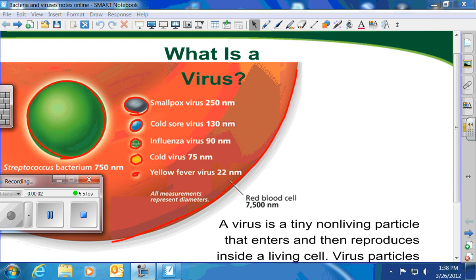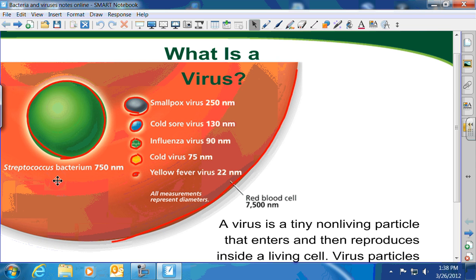Okay, so today we're going to talk about bacteria and viruses. So what is a virus? Well, this guy back in 1897 coined the term virus because he was trying to figure out what was happening to the tobacco plants. So he looked at this and he discovered the virus, but he called it poison.